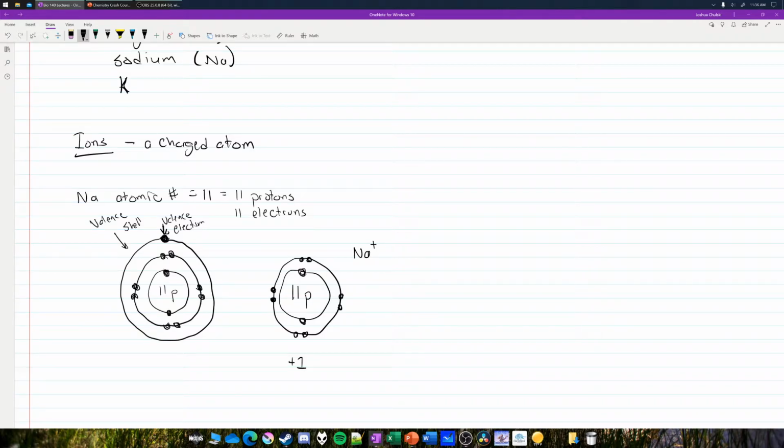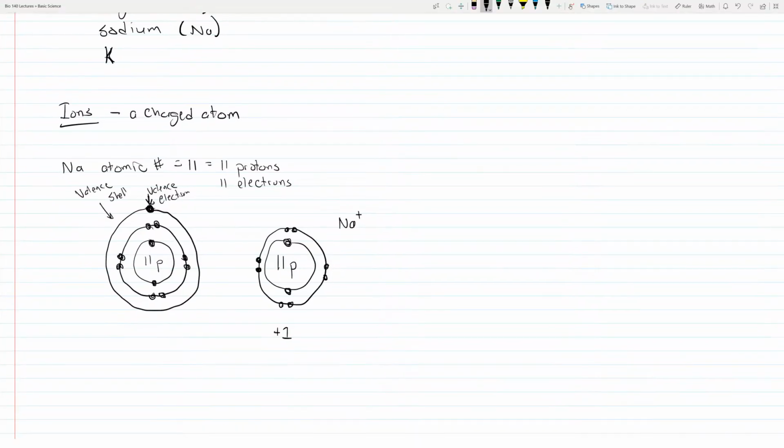If it is positively charged, it is called a cation. And it is called an anion if it is negatively charged.